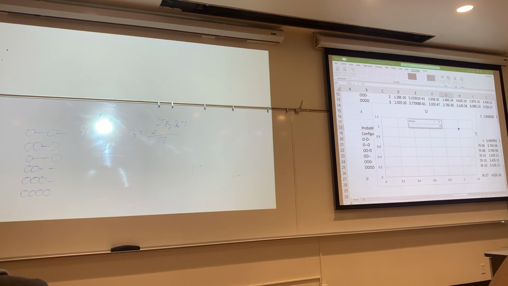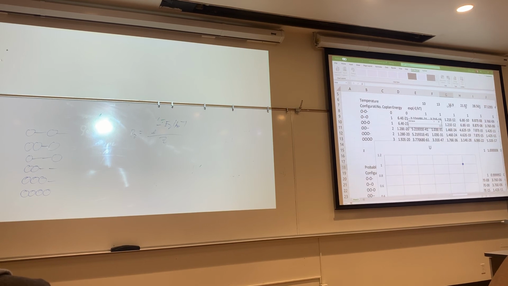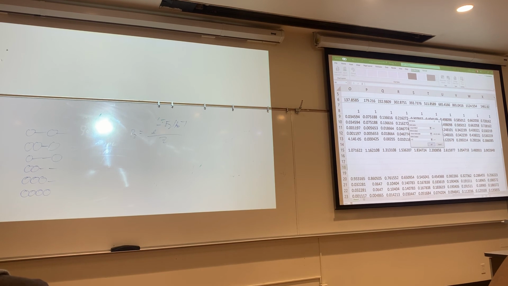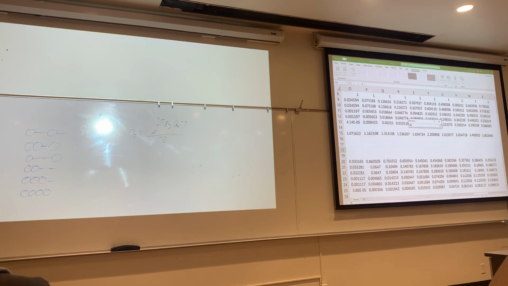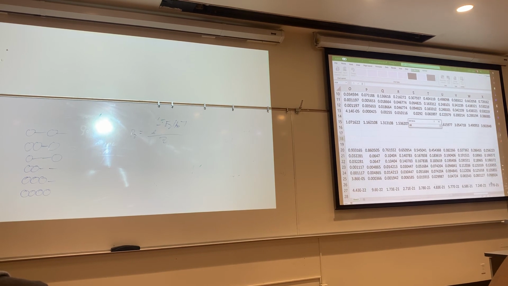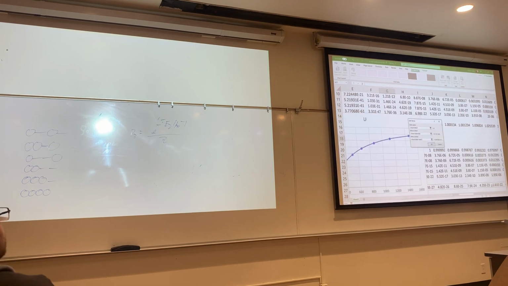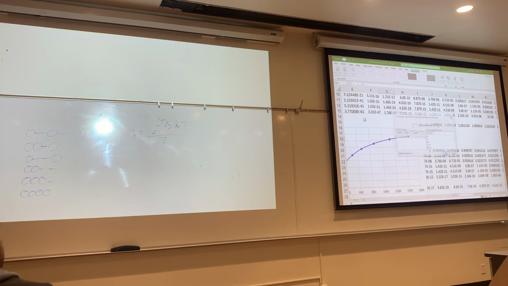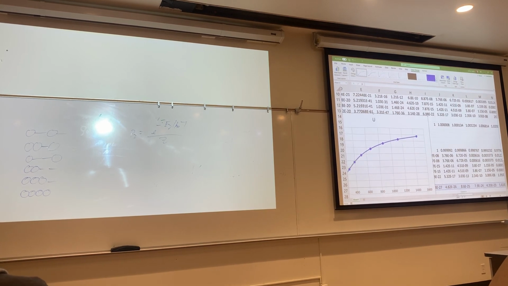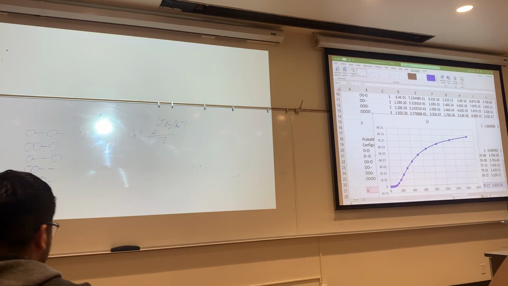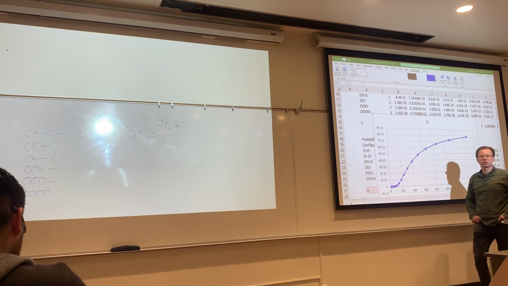My temperatures are here, and my values I want to plot here. Okay, so now I figured out what is the internal energy of this molecule.